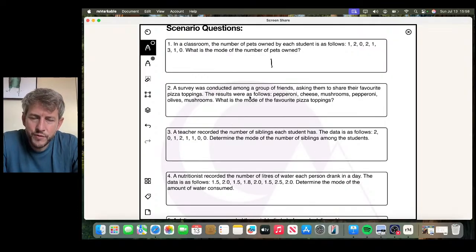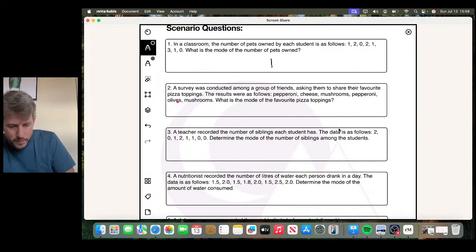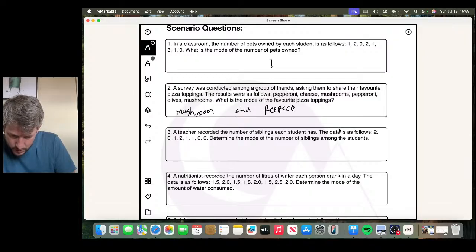The results were as follows: pepperoni, cheese, mushroom, pepperoni, olives, mushrooms. Okay, so there was 2 pepperoni, and there was 2 mushrooms. So it's bimodal this time. So we'll say mushroom and pepperoni. Okay, and we'll just say that was bimodal.